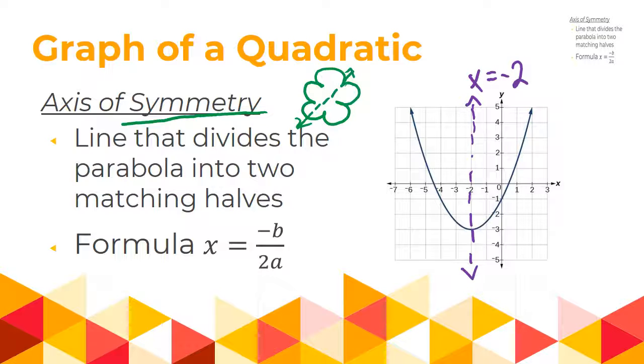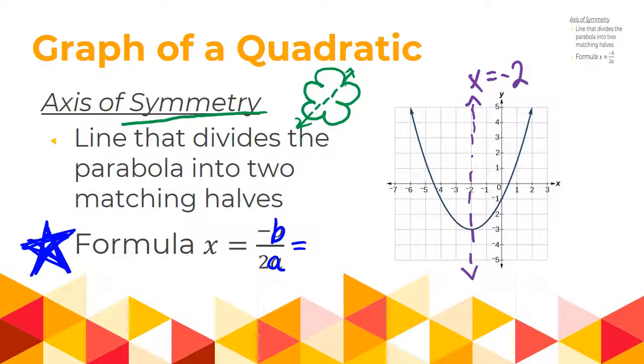Now, it's not always that easy. This formula right here is going to be your lifeline for everything we do in this section. We are going to base everything around this x value. So if you don't have the graph, but you have a function, you're going to plug in b for b, a for a, and you're going to solve -b over 2a.